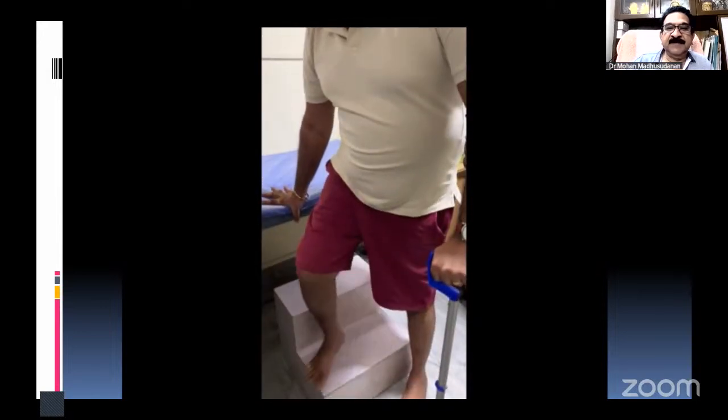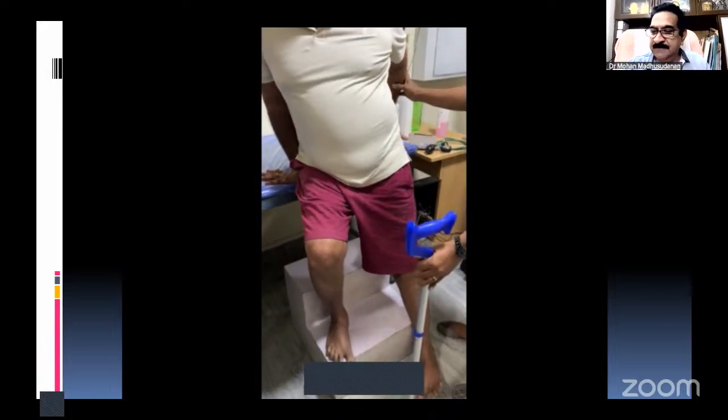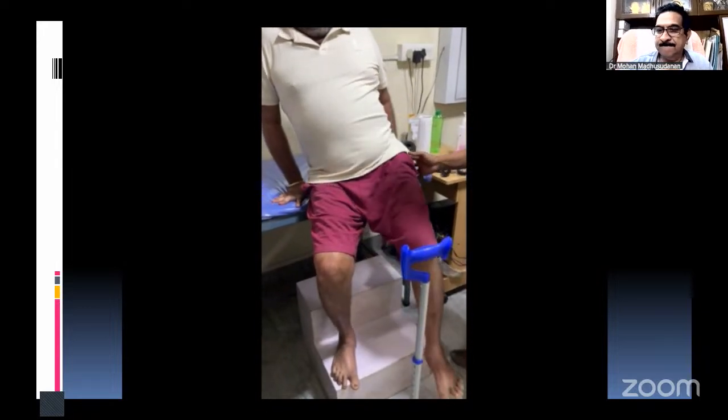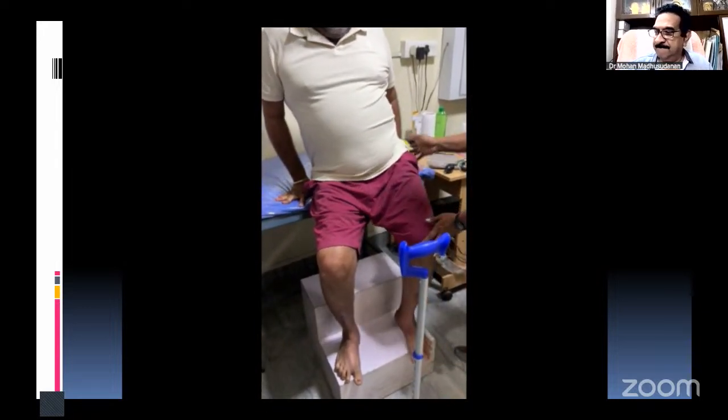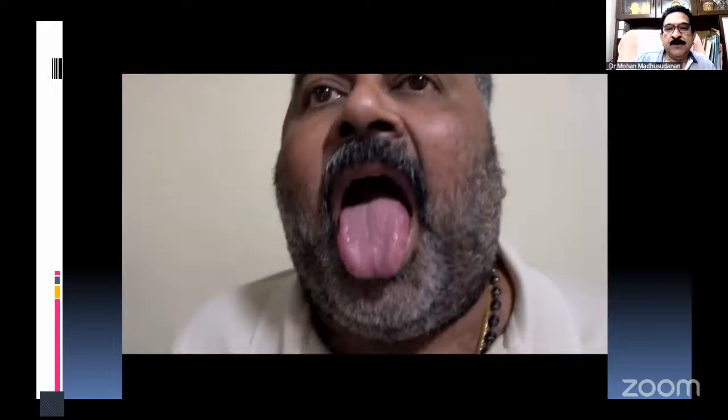See the time taken to climb onto the steps. Very difficult to make him come. The severe pain he has. Fresh examinations were all normal.